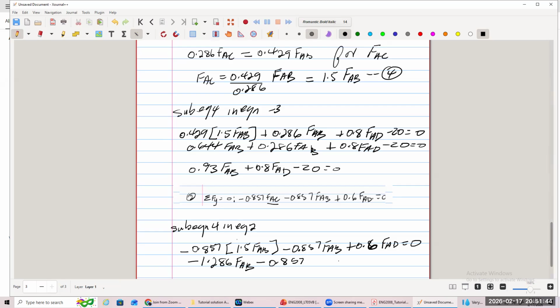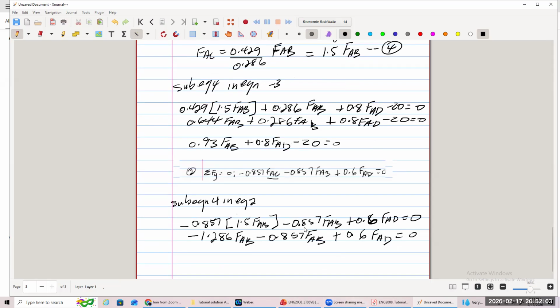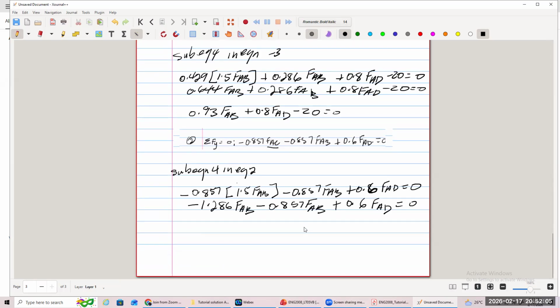Let me see if that is correct. Is that equation correct? Yeah. Please check the equation, because if we have anything wrong, it will never work out. Plus 0.6 FAB, equal to 0. Simplify that for me now, please. We run out of space because of a lot of writing.